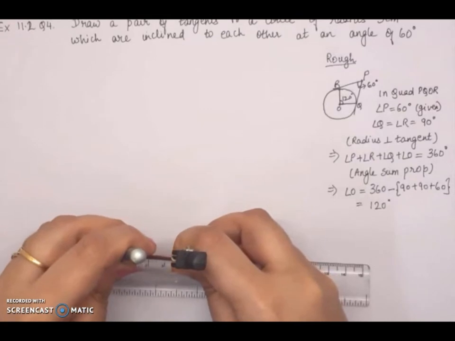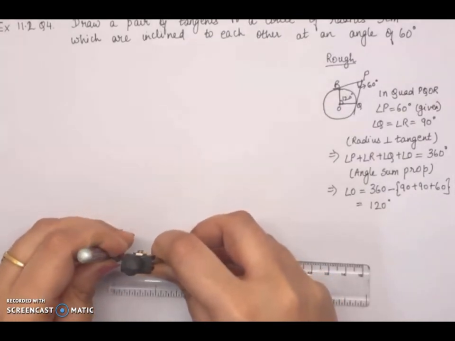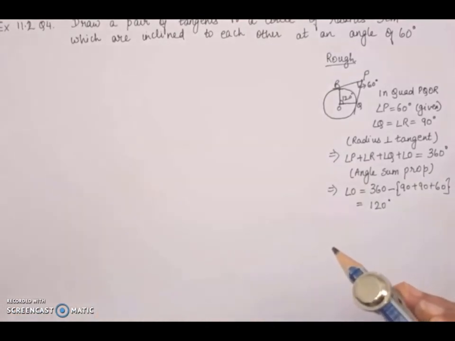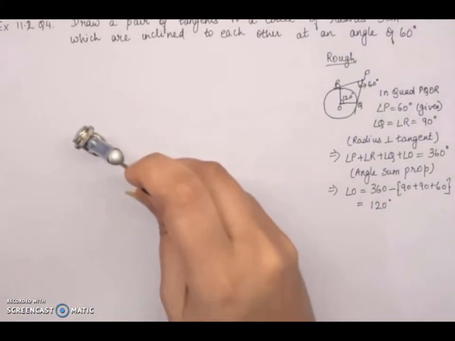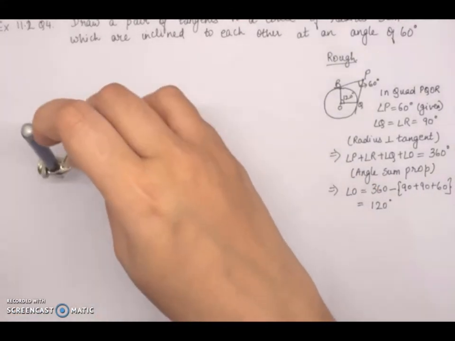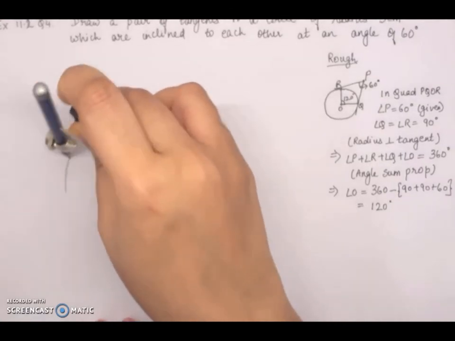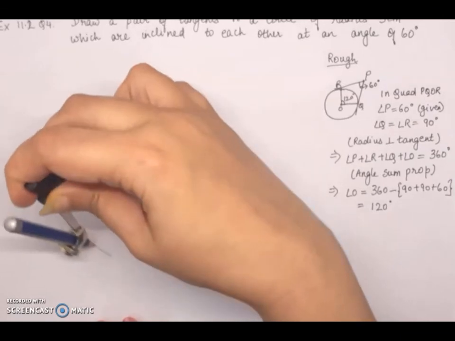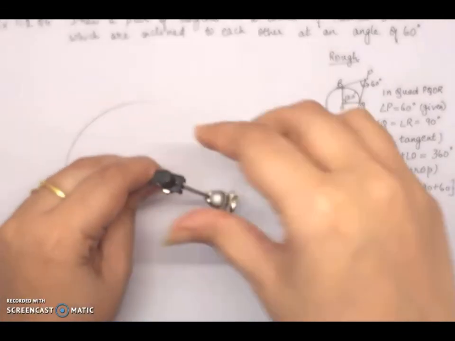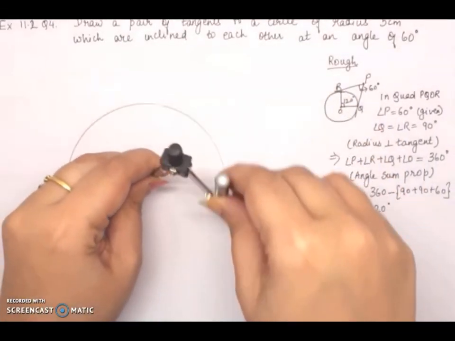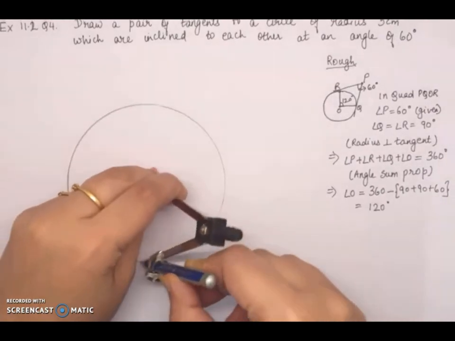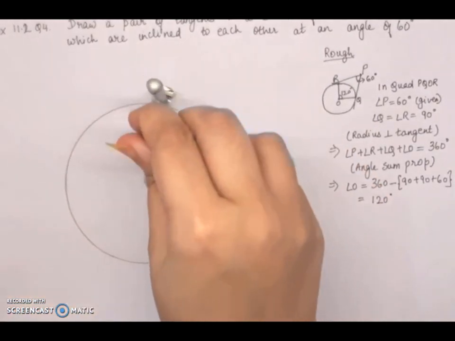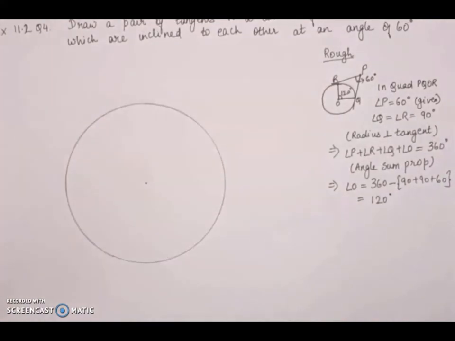First we will measure 5 cm on the compass and draw a circle. This is the required circle.